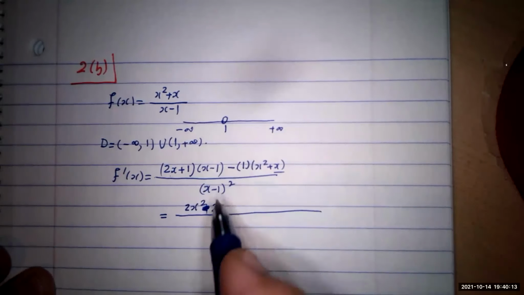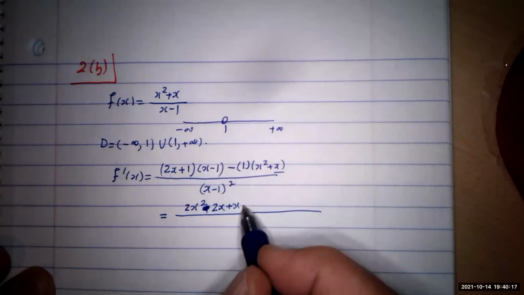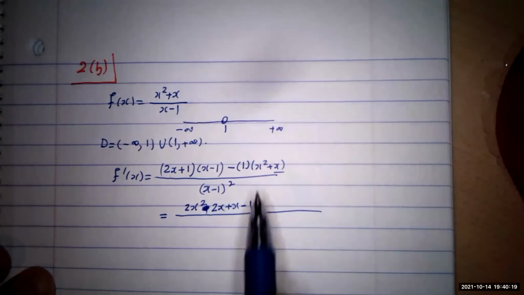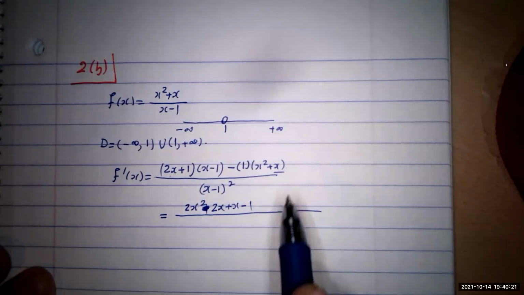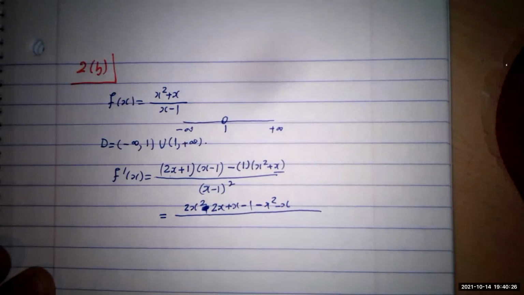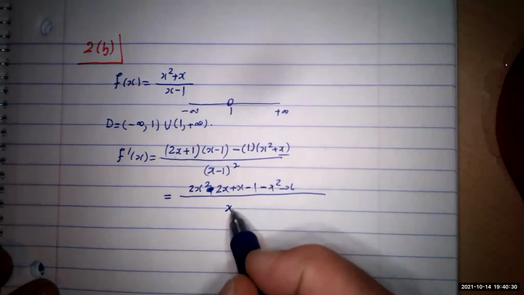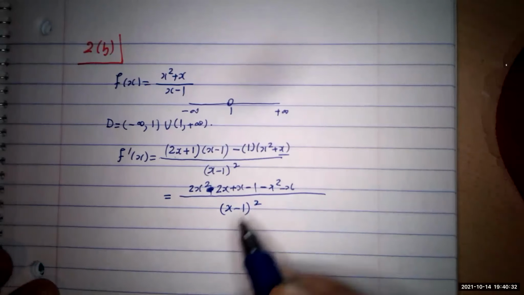You go inside plus x, and positive negative would be negative. Then we have a negative 1 over here, so it's going to be negative x squared minus x. Okay, and the denominator is x minus 1 all squared.